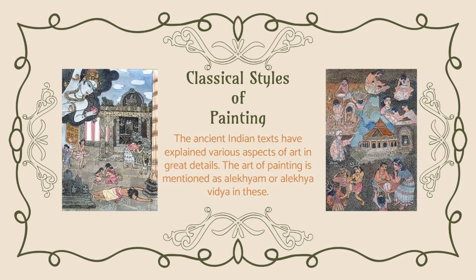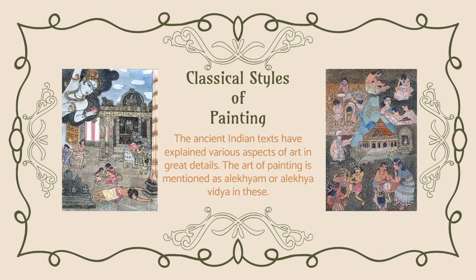They include Roopabheda, that is, different shapes and forms; Pramana, proportionate depiction of various features of an image; Bhava, known as expressions; Lavanya Yojana, aesthetics; Sadrishyata, a resemblance to reality; and Varnika Bhanga, the color composition.